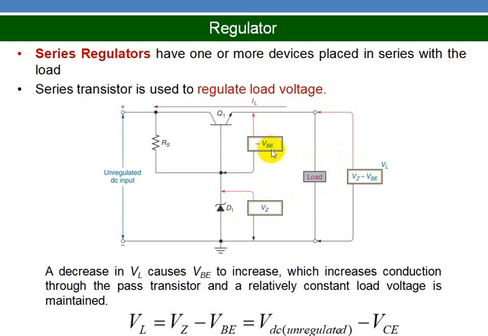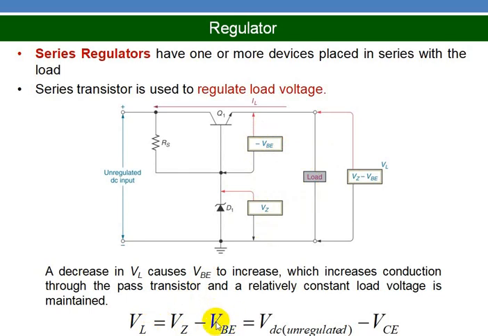In this case, VBE will decrease and compensate for the decrease in the load voltage, and therefore the load voltage will increase and be maintained. So a constant voltage will be maintained. VL is nothing but VZ minus VBE.